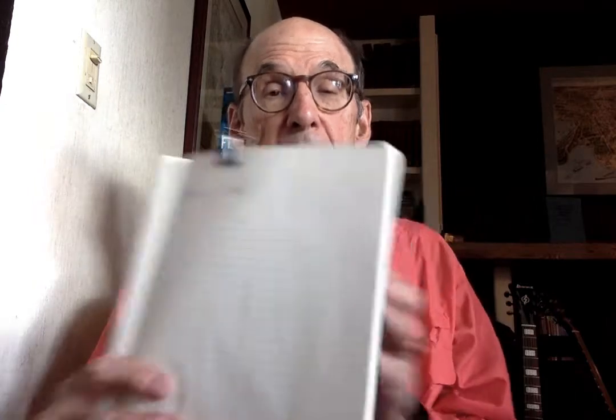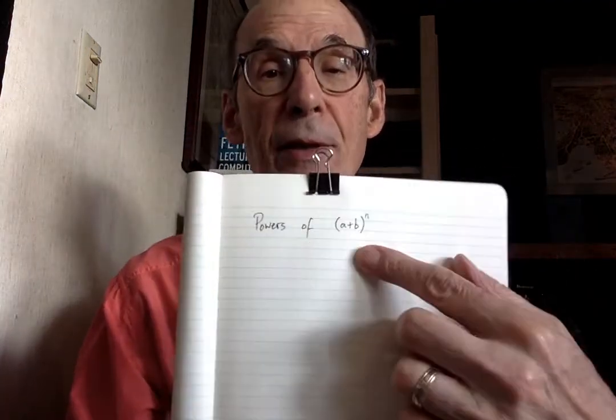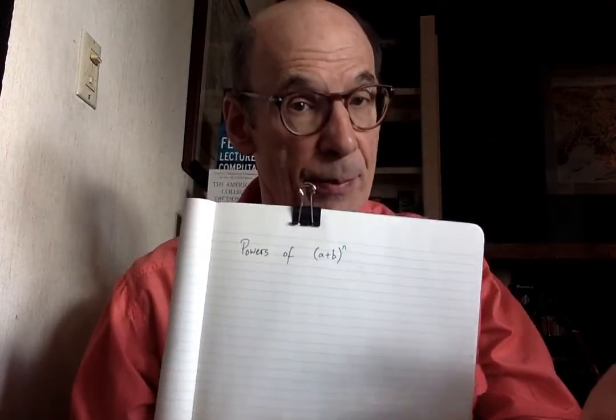I'm going to take two arbitrary things, call them a plus b, and raise them to some power. And we want to see what the pattern is. This is something that you could easily compute, but you miss out on the pattern. So that's the problem that we're looking at, something that you would have done in high school algebra.